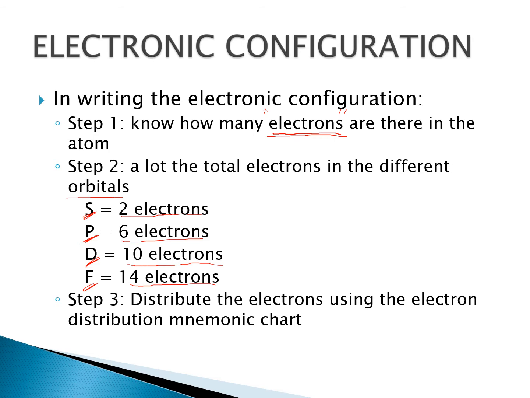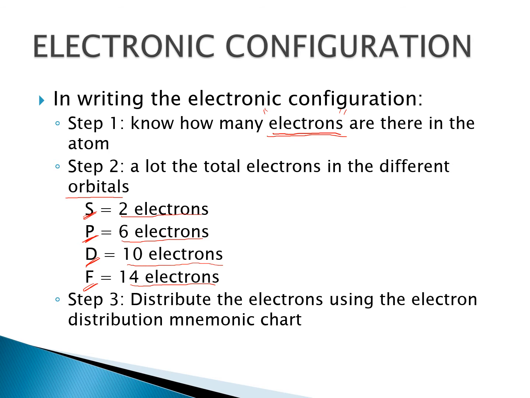with our sample elements. So now, after allotting the total electrons in the different orbitals, we will proceed with step number 3. We will use the electron distribution mnemonic chart to know the sequence on how we will fill the orbitals and the energy level of a particular atom.